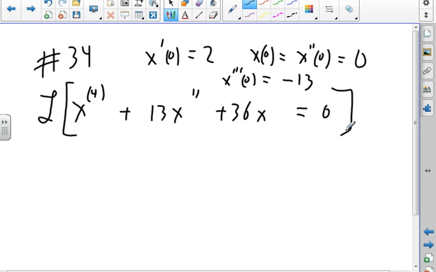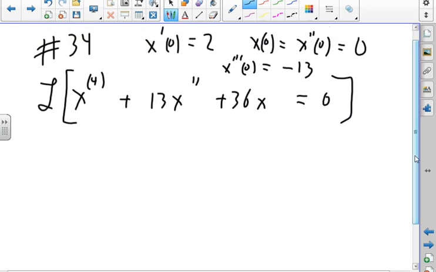I'm doing 34. Did I write it down right? Yes, I did. Is this the last problem in the problem set I'm supposed to do? Yes, it is. Okay.